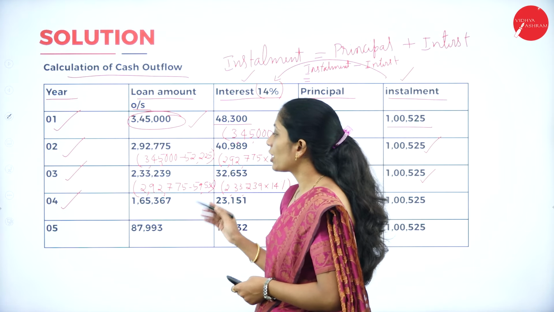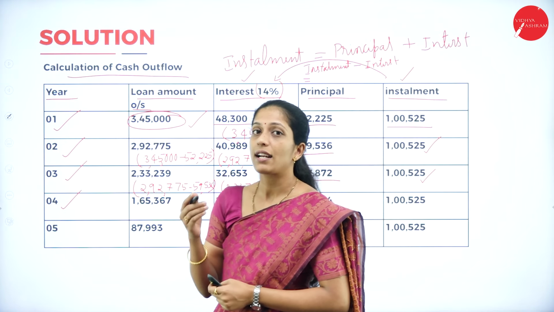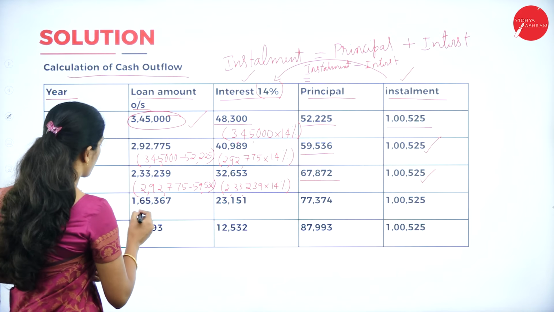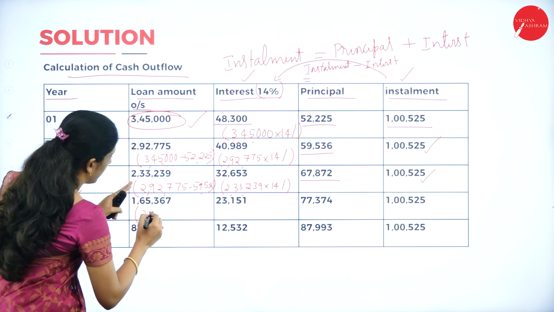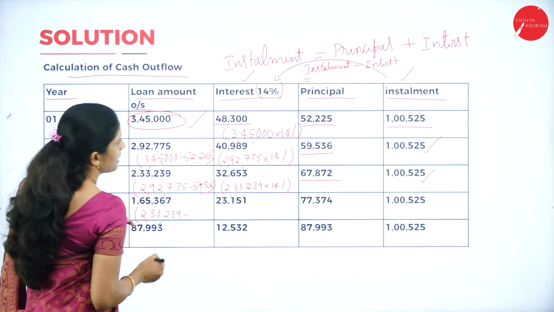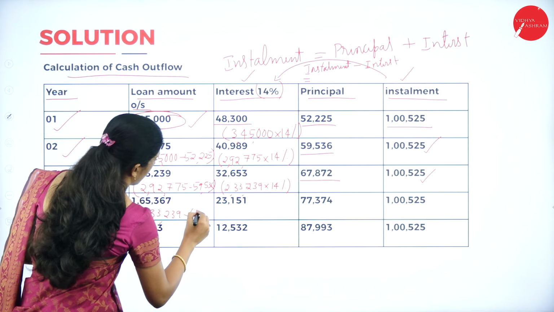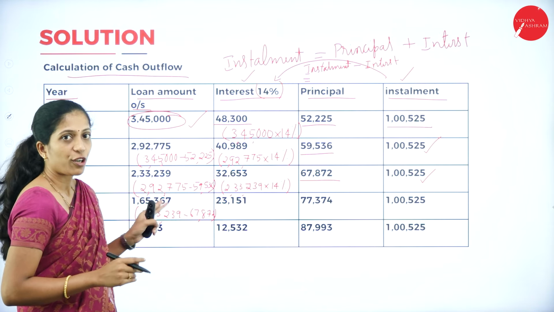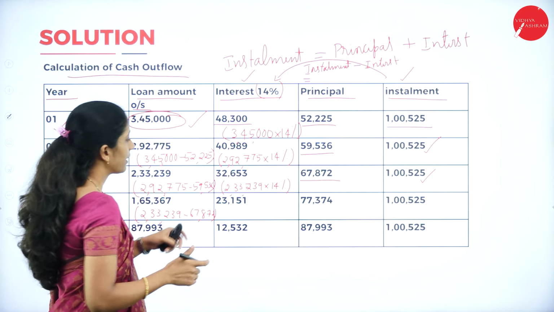So what is the amount outstanding in the fourth year? That is third year outstanding minus principal. So third year outstanding is 2,33,239 minus the principal amount 67,872. So this is the amount payable in the 4th year. Calculate interest.